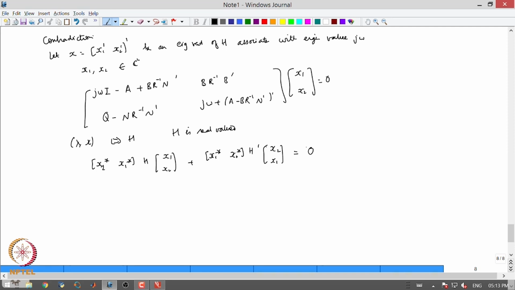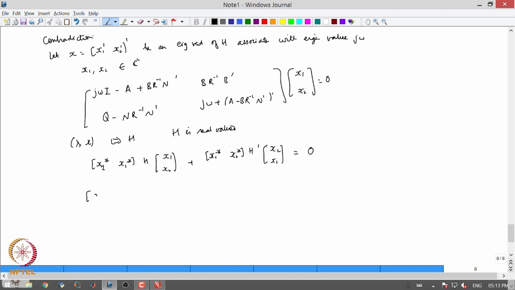Okay, so what does this mean? If I take the left hand side of this expression, that this entire thing will equate to 0, I have the following.